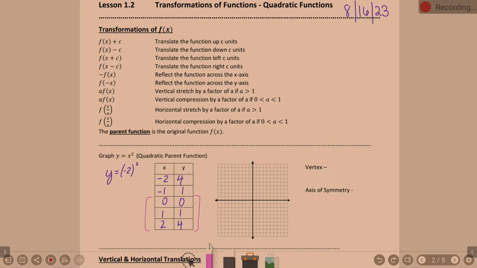So, let's see. Negative 2, 4 is going to be left 2 up 4. Negative 1, 1. Left 1 up 1. 0, 0. 1, 1. Right 1 up 1. 2, 4. Right 2 up 4.